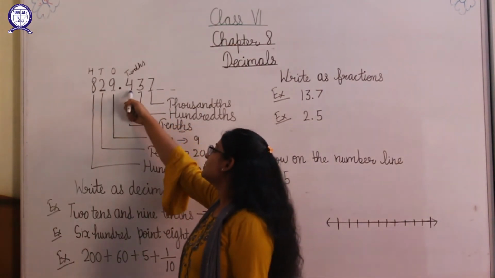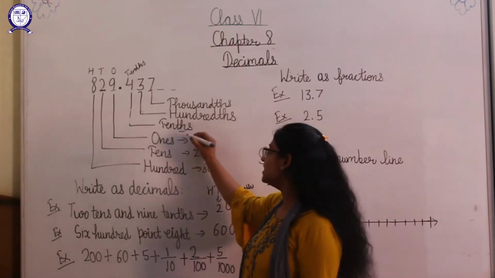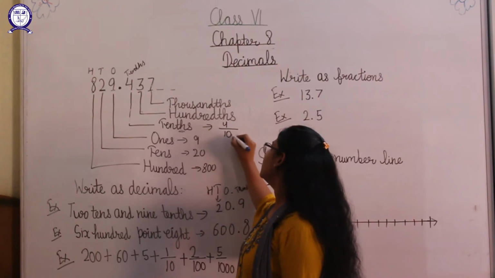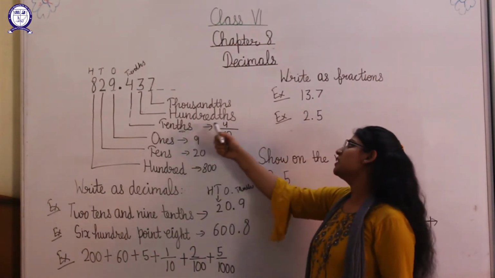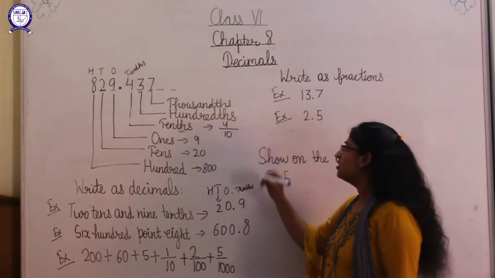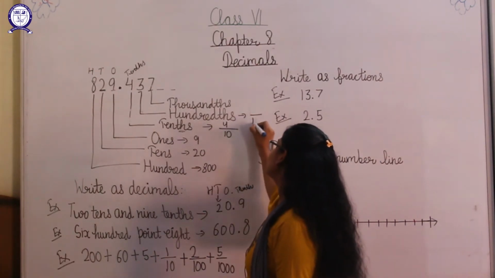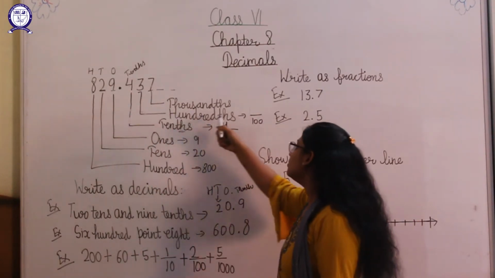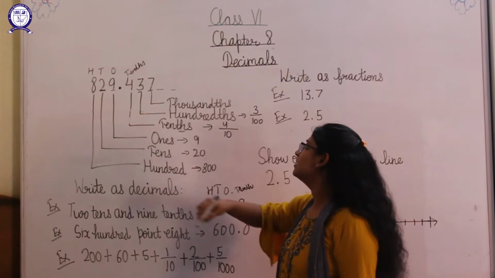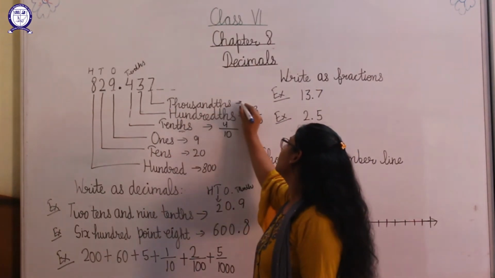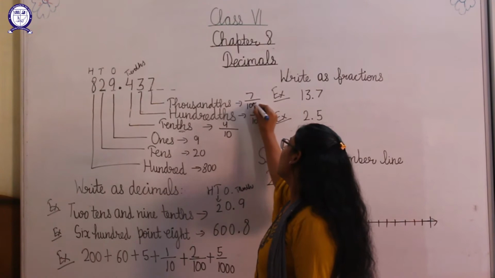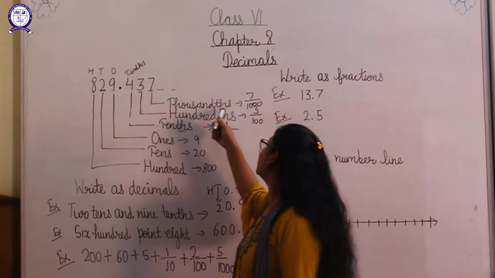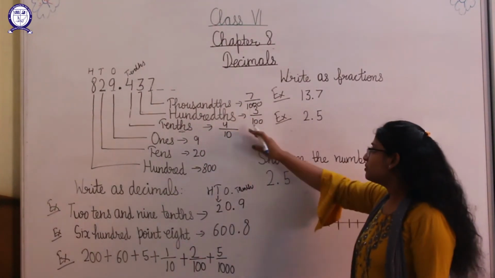Here 0.4 is given. 4 is at the tenths place. TH is here. So place value of 4 will be 4 divided by 10. For the tenths there will be 10 in the denominator. For hundredths there will be 100 in the denominator, and we have to find the place value of 3. So it will be 3 by 100. Here 7 thousandths, so it will be 7 divided by 1000. So these will be the place values.